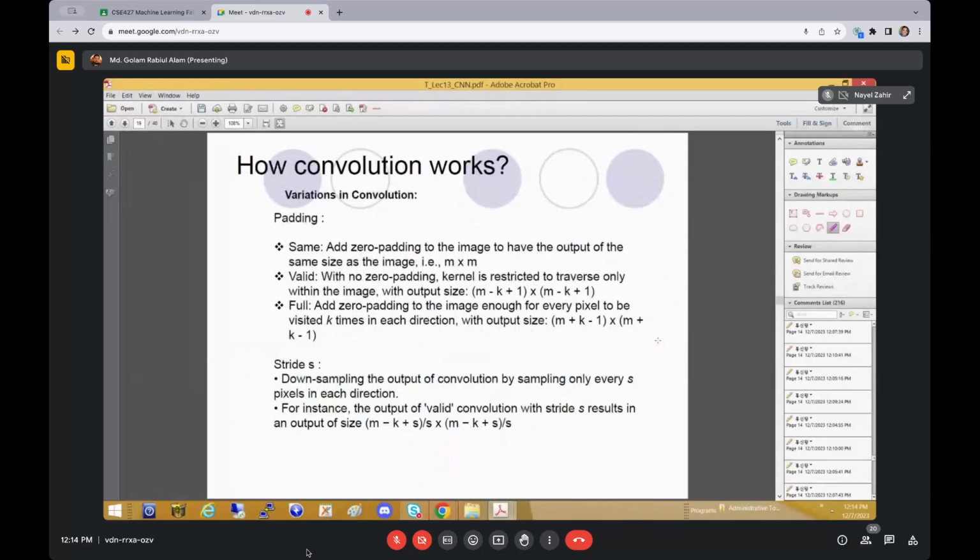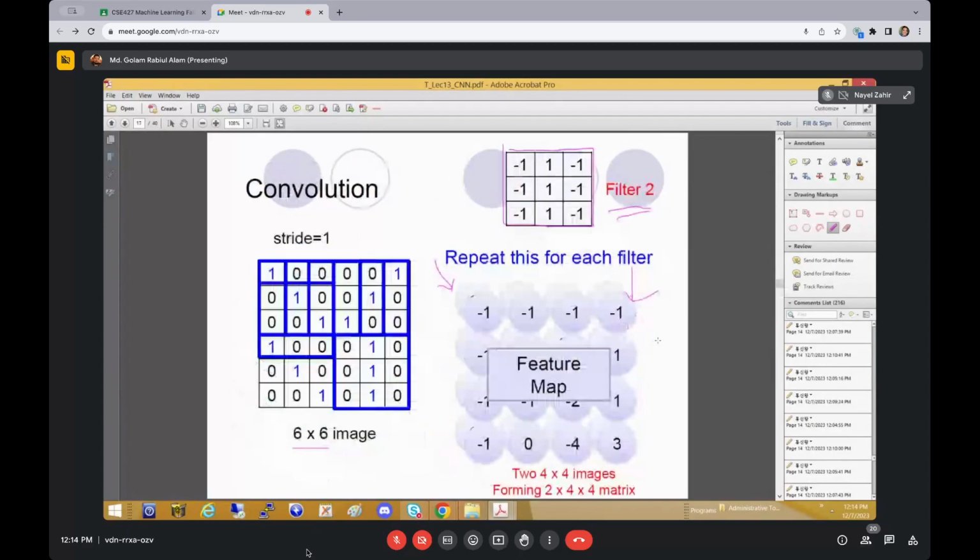Then the next thing we have to learn is this. If we consider this filter of 3 by 3, which is the filter size, and the image size is 6 by 6, with a stride of 1 and no padding, then the size of the output, or feature map, is 4 by 4.